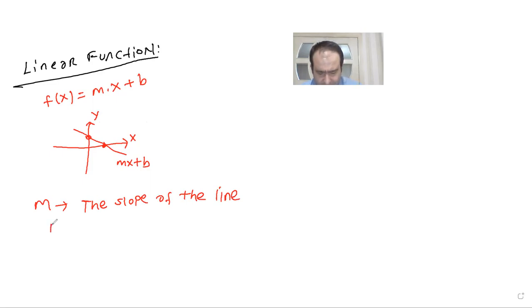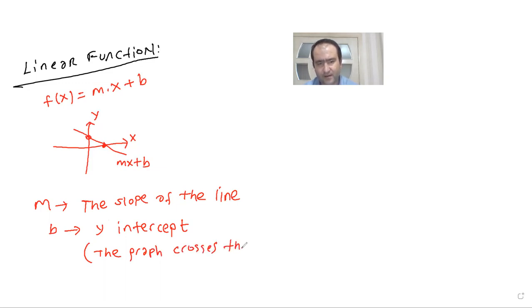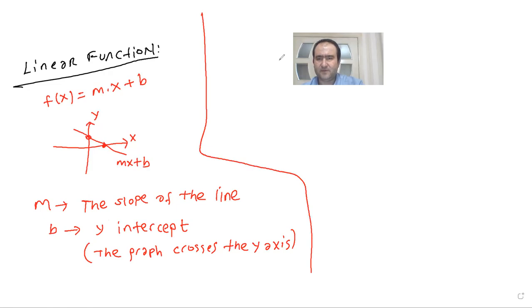And B represents the y-intercept, where the graph crosses the y-axis, okay? This is very important. Let me do some examples for you.